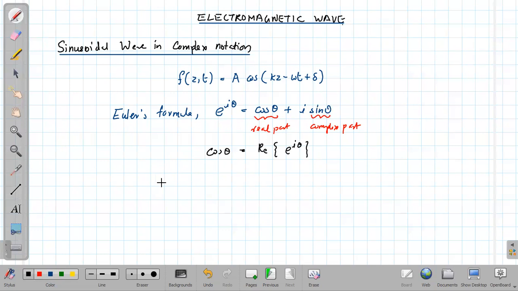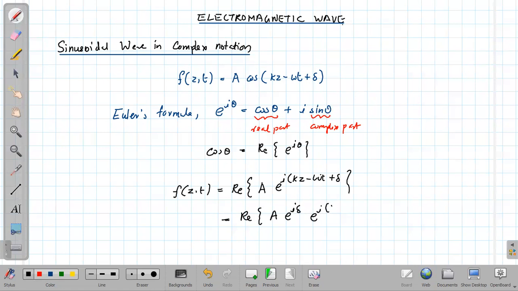Okay. So then, f of z,t can be written as the real part of A times e raised to i (kz minus omega t plus delta), or the real part of A times e raised to i delta times e raised to i (kz minus omega t).